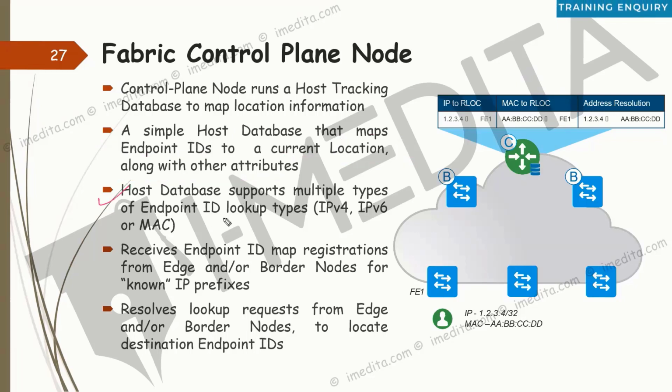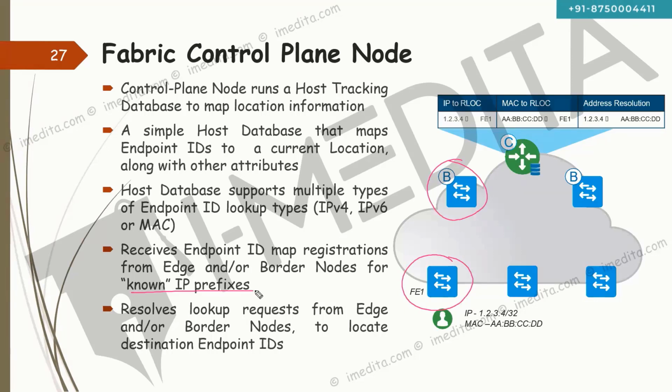A host database supports multiple types of endpoint lookup, such as IPv4, IPv6, MAC. So IP to RLOC mapping, MAC to RLOC mapping, IPv6 to RLOC mapping, all those things will be there. This control plane node is going to receive the registration requests from the Fabric Edge node and also from something called a border node. It receives endpoint ID to RLOC registration requests from the Fabric Edge node and from the border node.